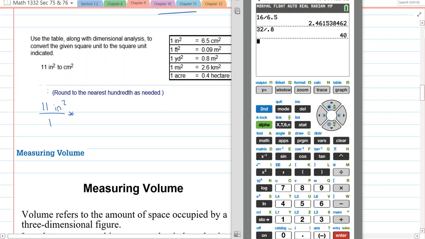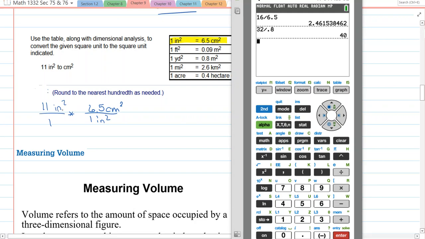So I'm going to use the very first one, inches to centimeters, and I need inches in the denominator. So I have 1 inch squared is equivalent to 6.5 centimeters squared.